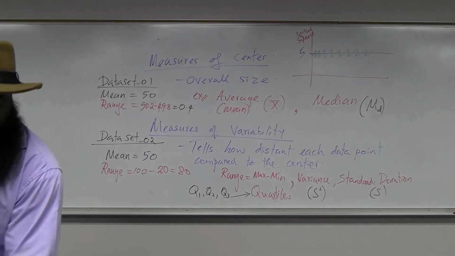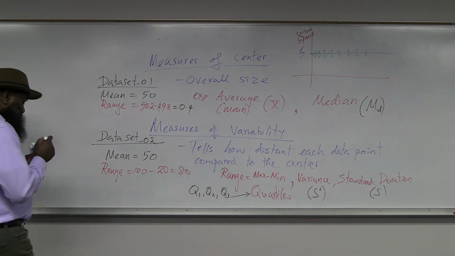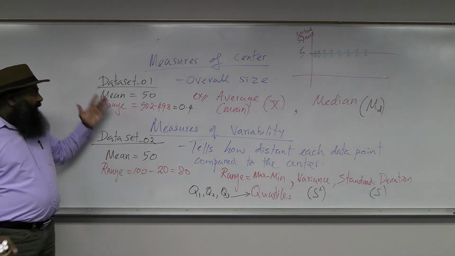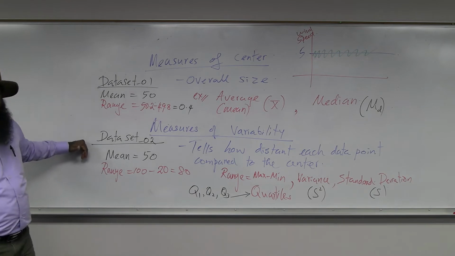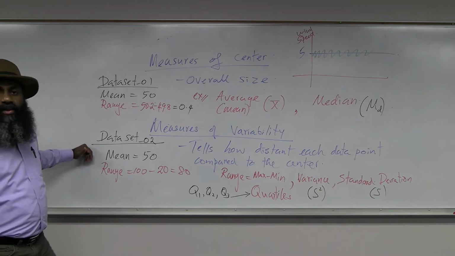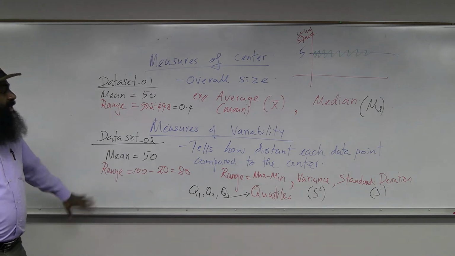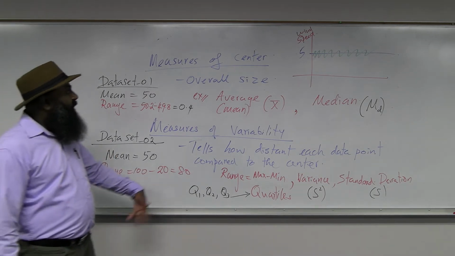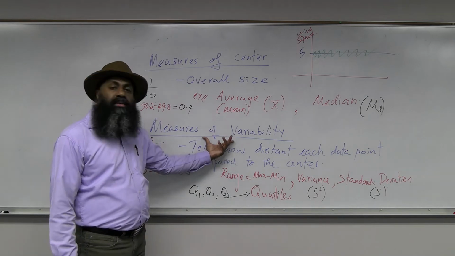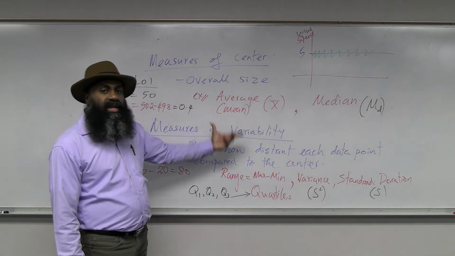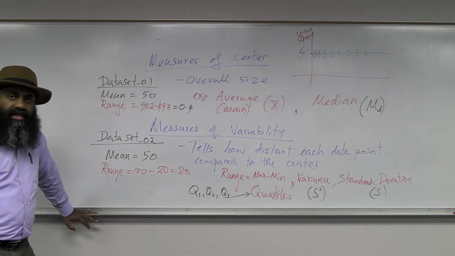Now, by looking at these two types of summary statistics, we can clearly figure out that the first data set is different from the second data set, even without looking at the individual data points any longer. Right? So that's how it is important to report at least one measure of center and at least one measure of variability when reporting summary statistics for a data set.